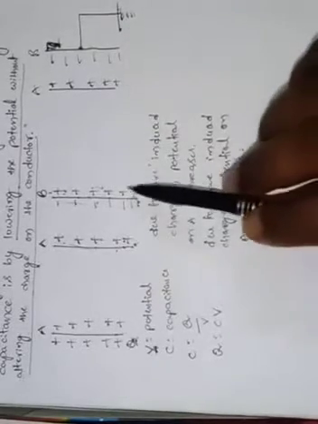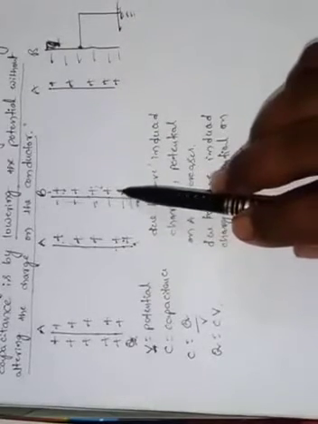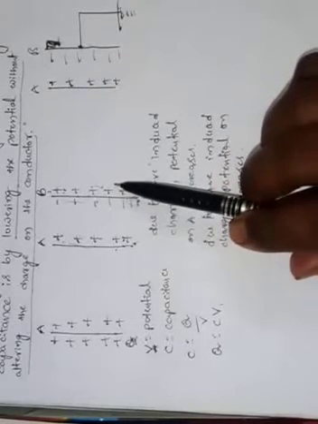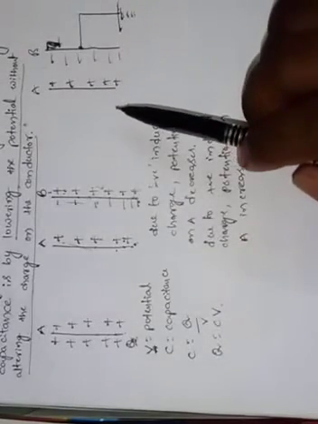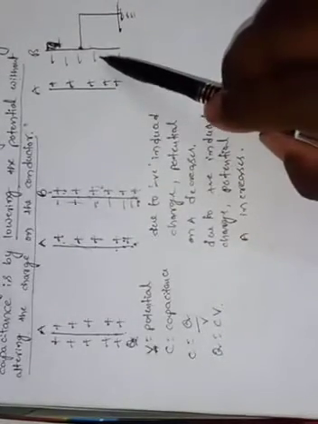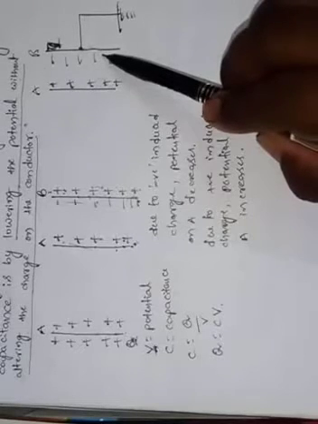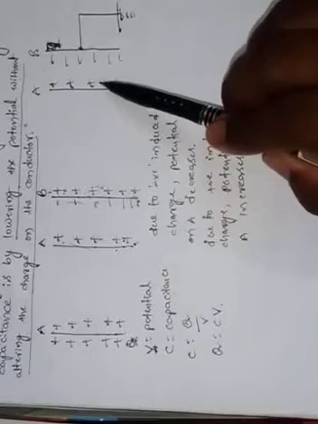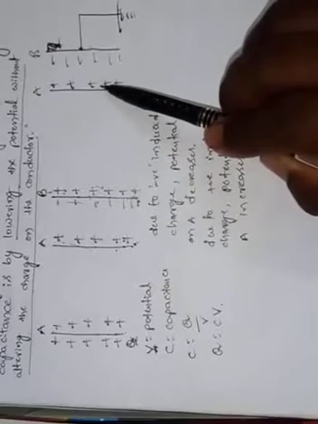When it is connected to the earth, the induced positive charge gets neutralized. The induced negative charge on the inner side of B is held by the attraction of the positive charge on A.